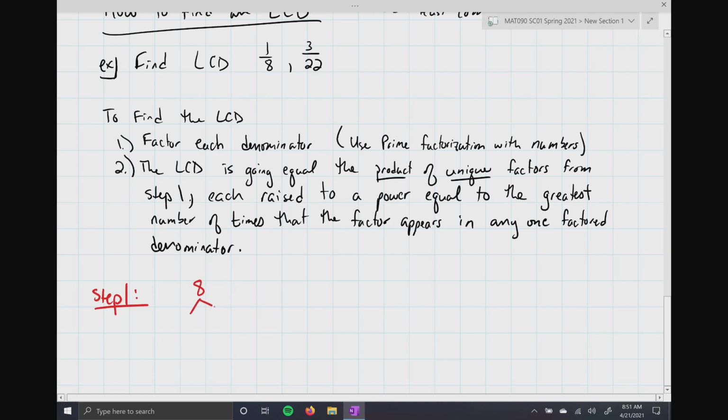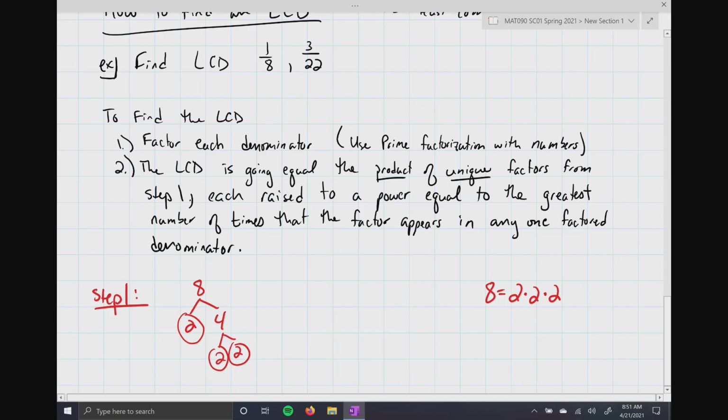To find the prime factorization of 8, you're going to do a factor tree. So just give me any two numbers that multiply to get 8. 2 and 4. 2 is a prime number, so I circle it. 4 is considered to be a composite number, which means I can break it down even further. So 8 is going to equal 2 times 2 times 2.